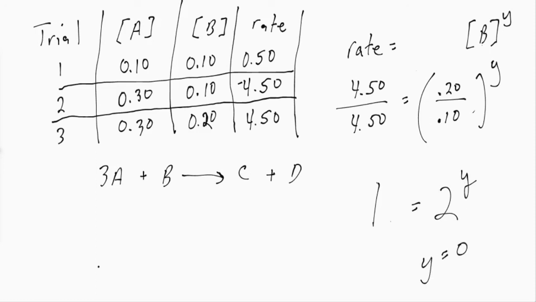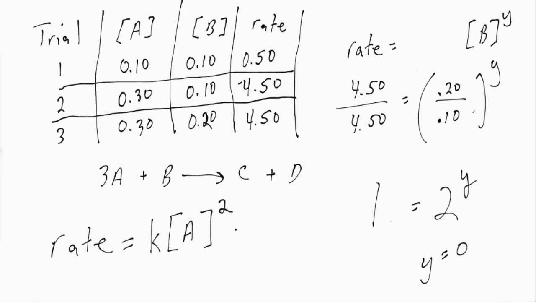So we can write the rate equation. The rate equation for this reaction is rate equals, we put in the little k. I'll show you how to solve that in the next video, how to find k based on this experimental data. We write the reactant A in brackets, and this is a second order reactant.